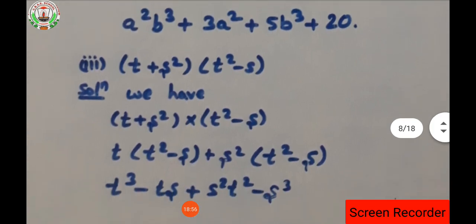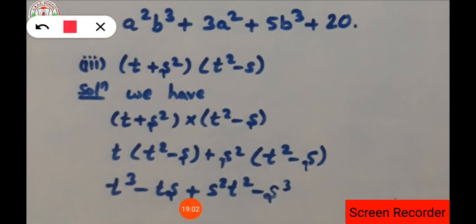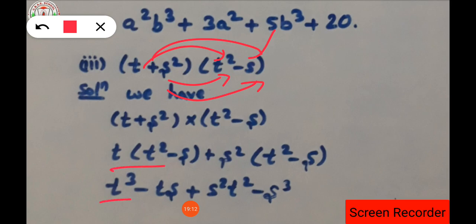Now the next one is again the same and a simple one. t is going to multiply with t square as well as minus s. Then s square is going to multiply with t square as well as s, isn't it? So t into t square will be t cube. t into s will be minus ts, as minus is present here.